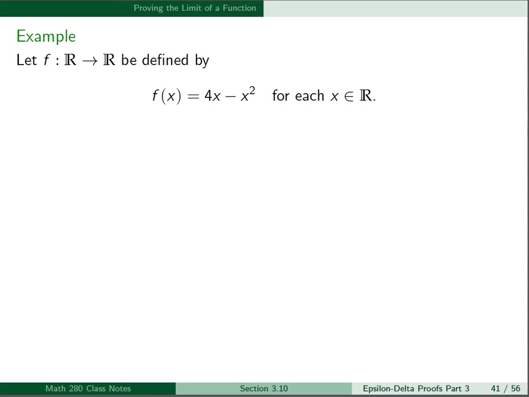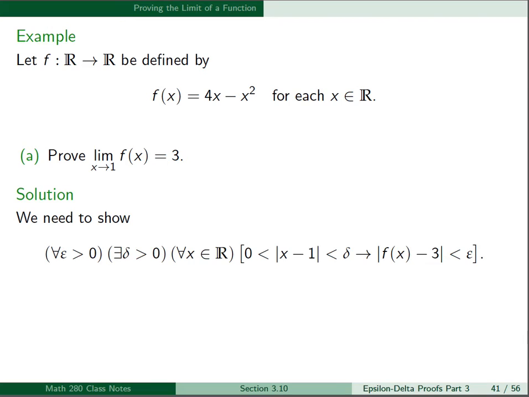So for another example, slightly more complicated, let's let f from R to R be defined by f(x) = 4x - x squared for each x in R. So we have a quadratic function. And we want to prove that the limit as x approaches 1 of f(x) equals 3.